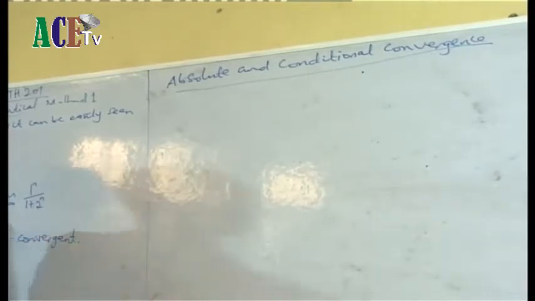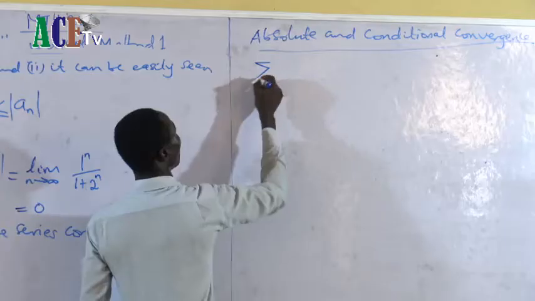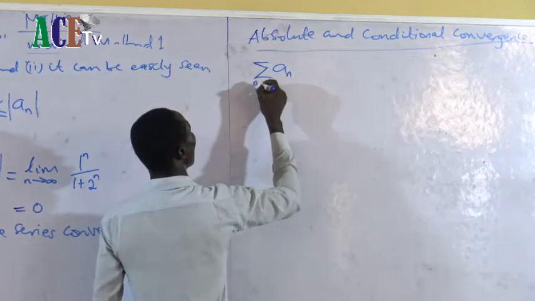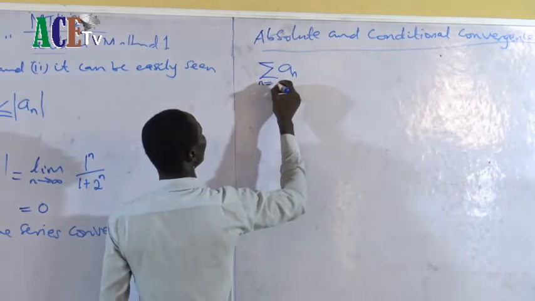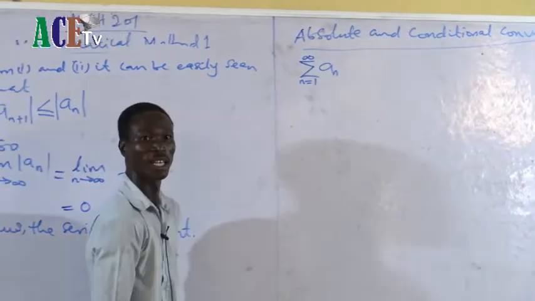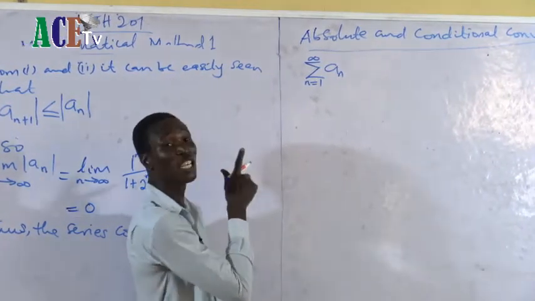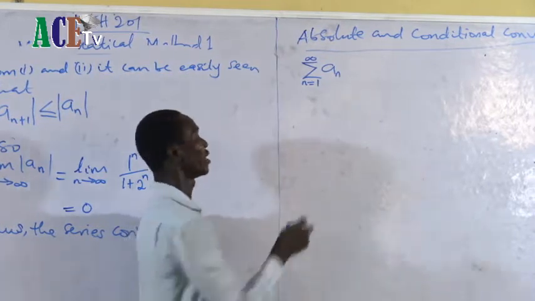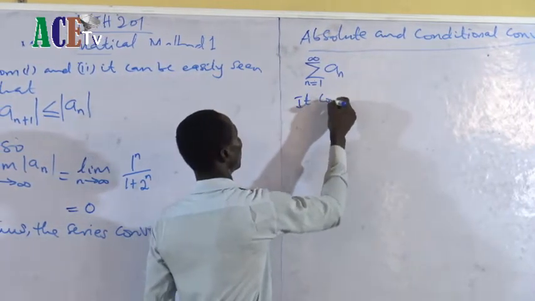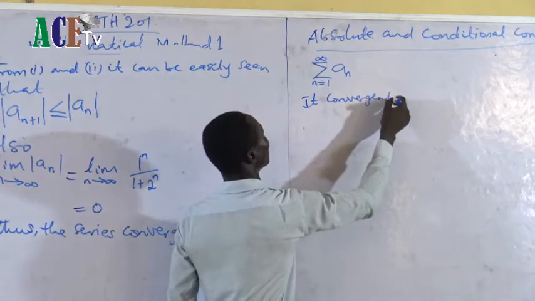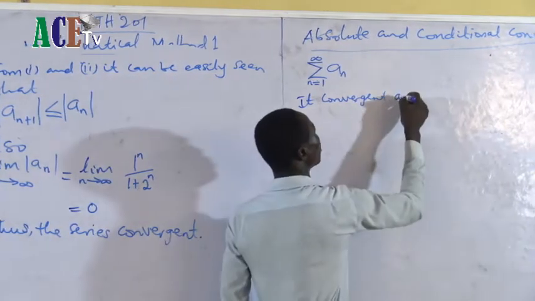If I have this series, the sum from n equal to 1 to infinity of a_n, then I will say this series is convergent absolutely.